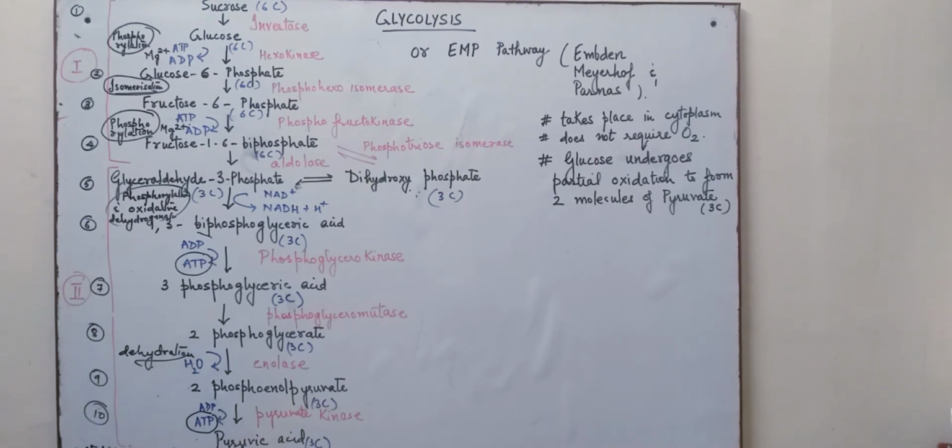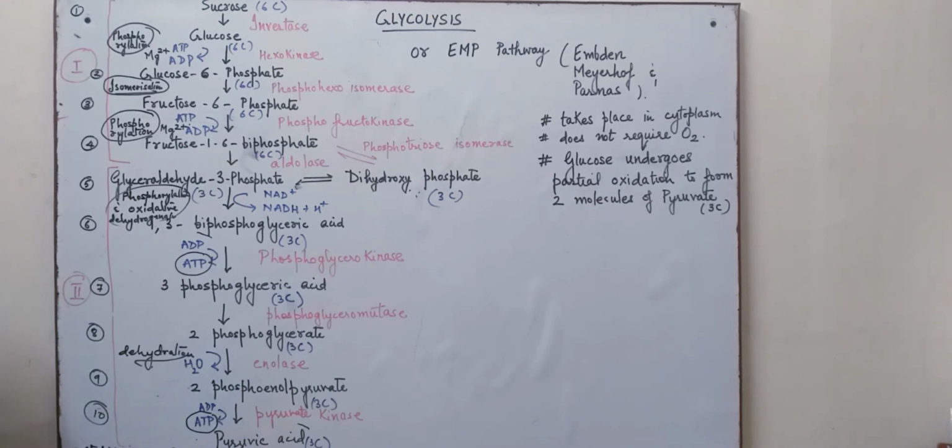So here glycolysis is an important process which results in the breakdown of the glucose 6 carbon atom into 2 molecules of 3 carbon atom structure, which is known as pyruvic acid. And then from here onwards, the fate of the pyruvic acid depends on whether oxygen is there or there is anaerobic breakdown.